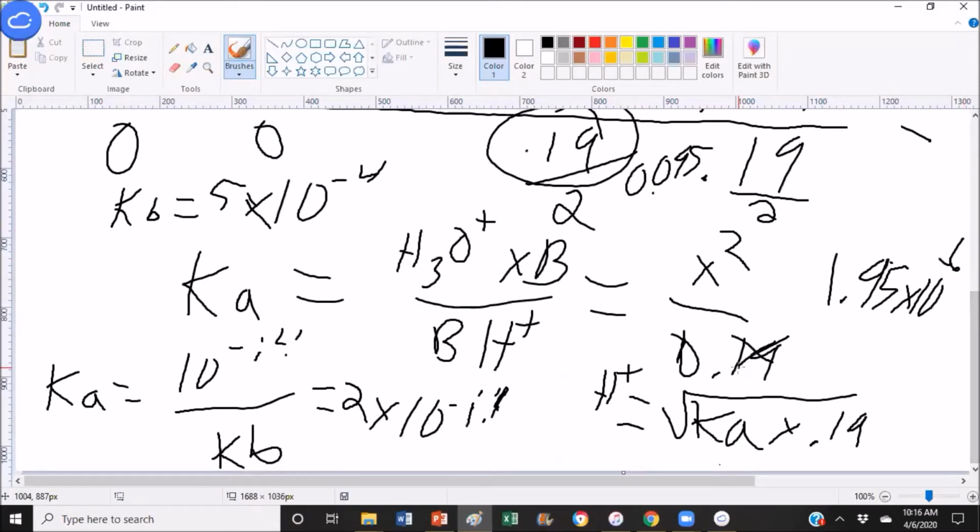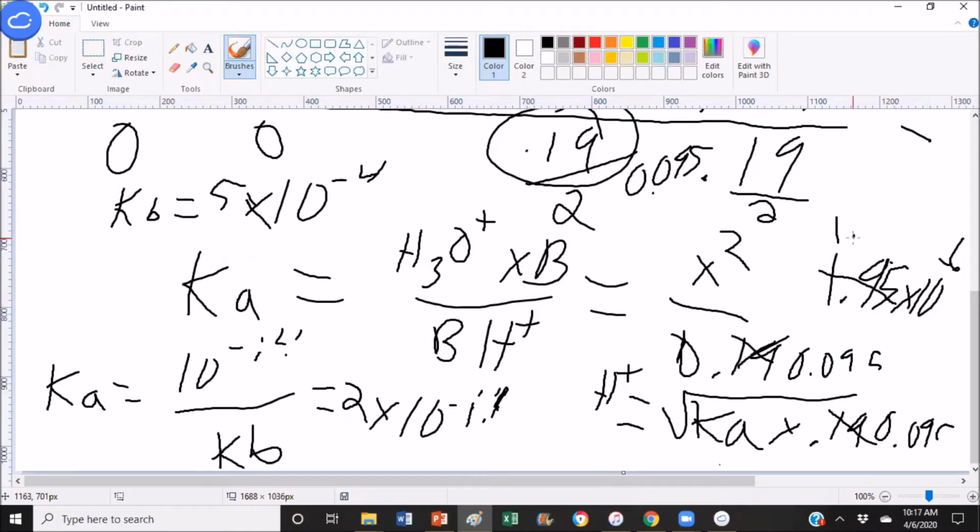And so as we calculate this with 0.095, that's going to change this to, instead of 1.95, 1.38.